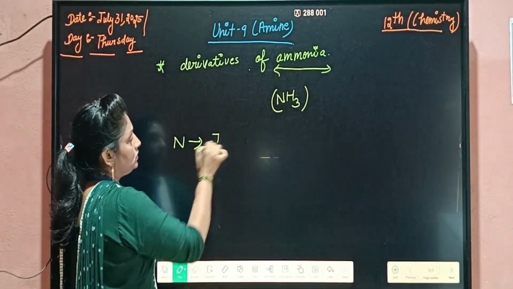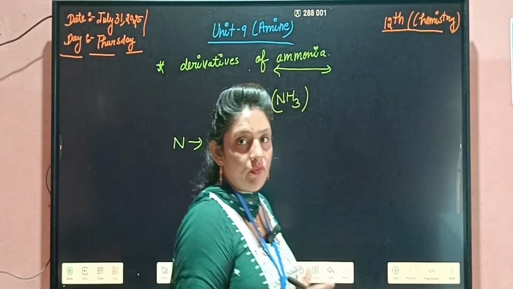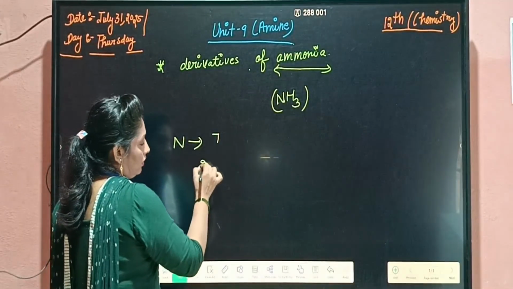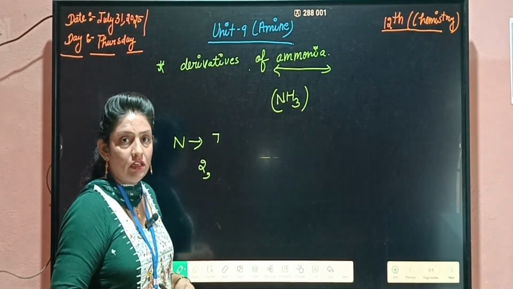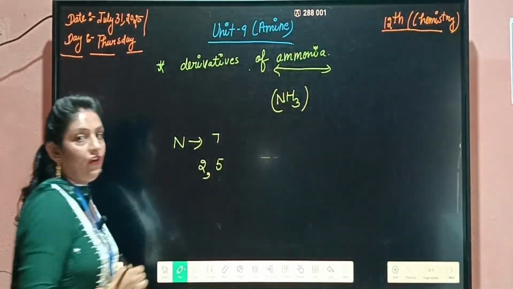Its electronic configuration is 2, 5. There are 2 electrons in the K shell only, and in the L shell there are 5 electrons.